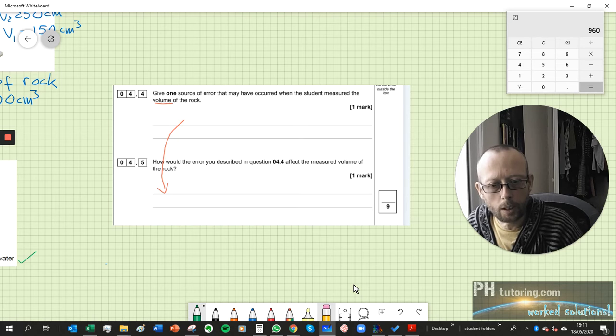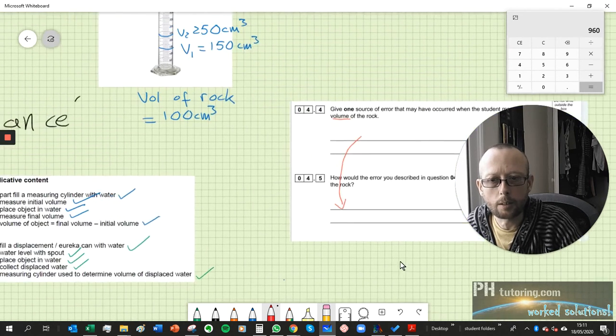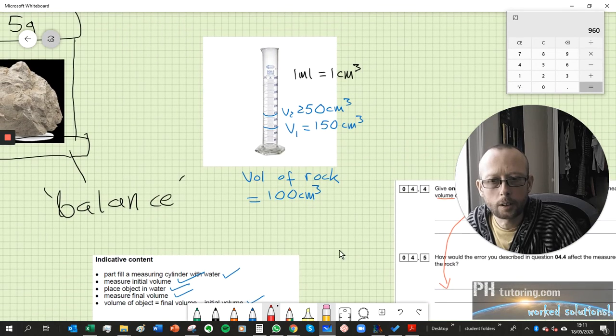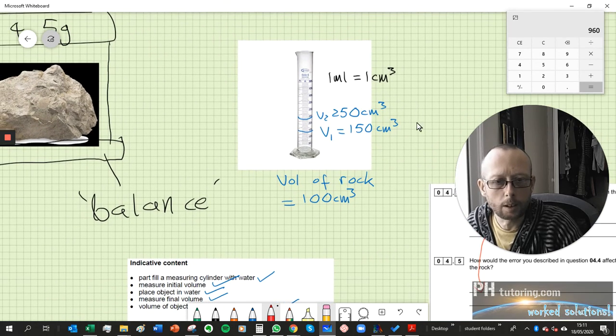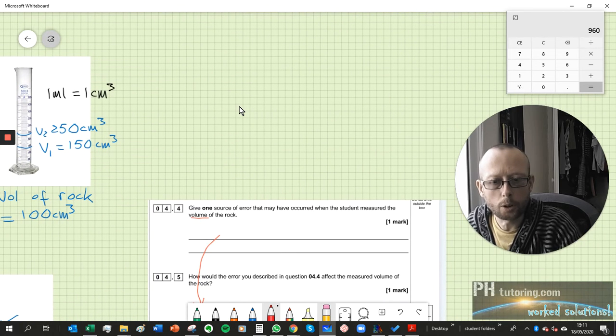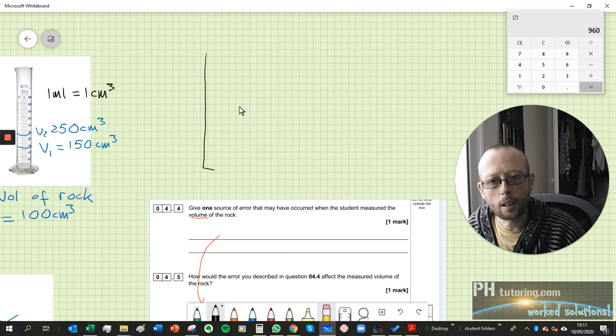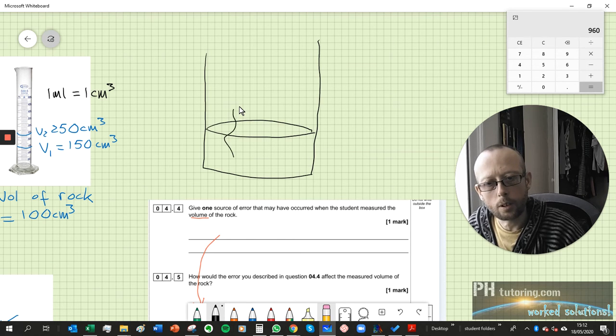So let's imagine the rock is not submerged. So we started to do this before. Let's say the tip of the rock is pointed, is above the water. So it looks a bit like this. I put some water in my Eureka can, or maybe my measuring cylinder. Then I put the rock in it, and the rock is not submerged. Now let's say the water's gone up by that amount.